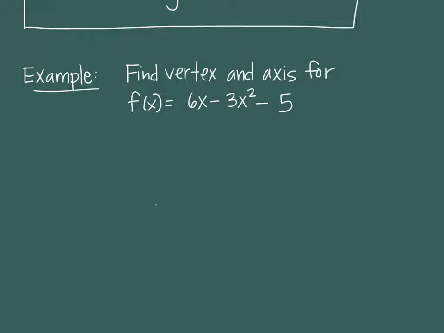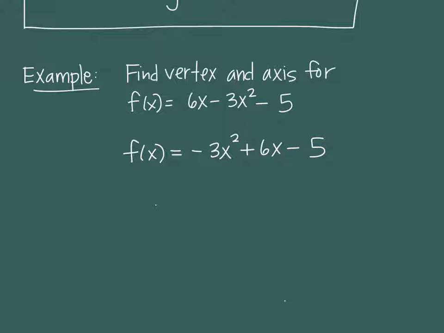What'd you notice, Katie? Okay, could you arrange it properly for me? That's the first thing we need to do. Sure. Okay, so it'll be negative 3x squared. Okay. Now, right away that she's got it in the right order. What can you tell about this parabola right off the bat?